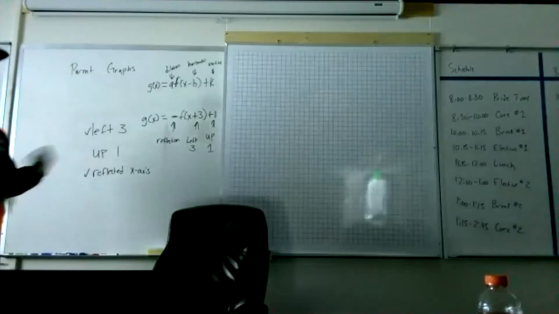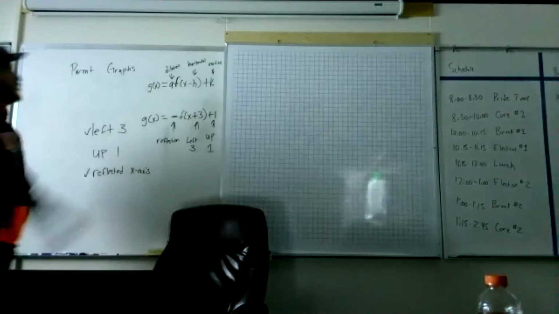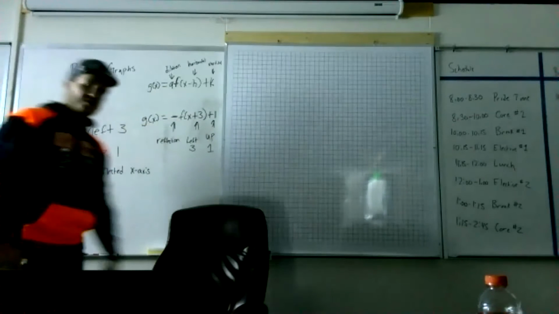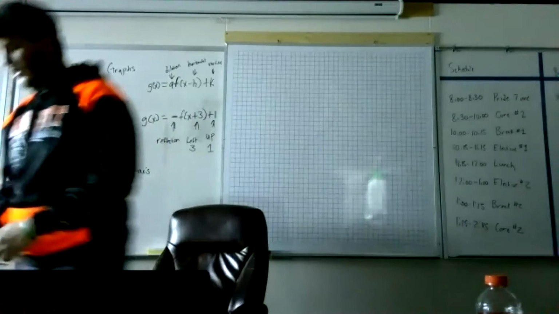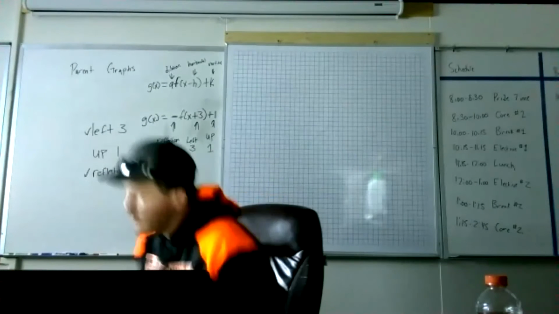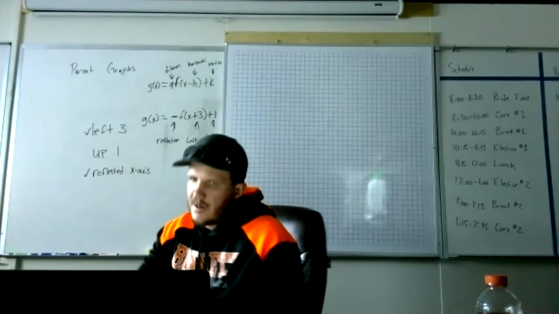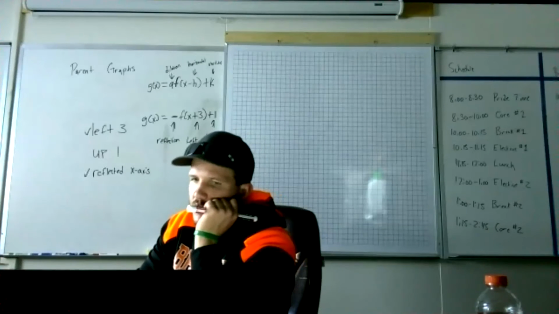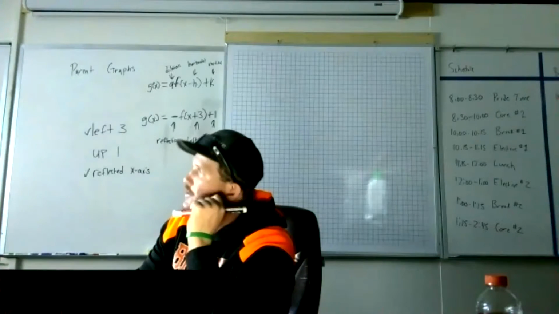Okay, so we want to use that general format to alter f of x so that we accomplish what the question states for g of x. So we have to be very selective about what we're reading, and we have to be detailed. Okay, we can't just fly through it. We have to really break it down and see what the question is asking us to do, because it can get pretty tricky sometimes.